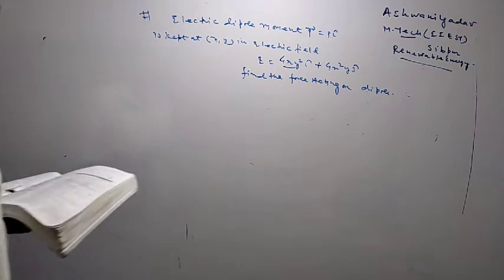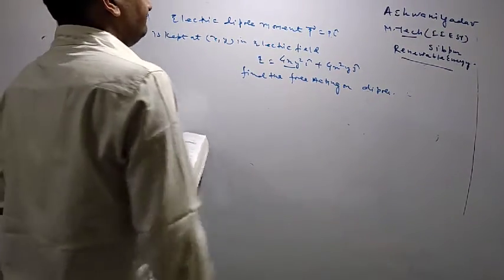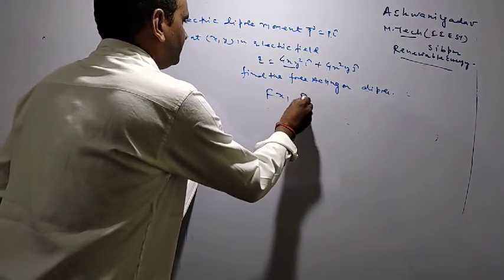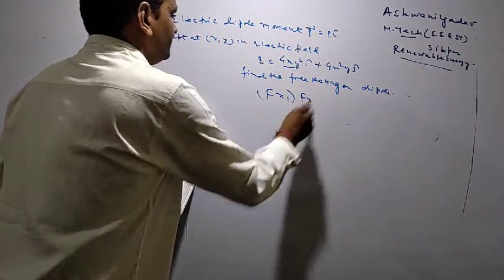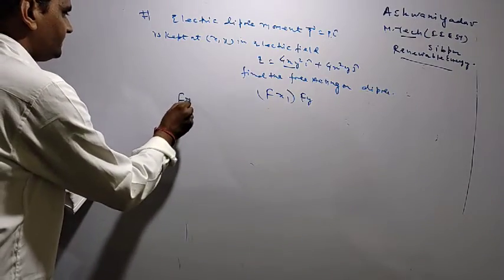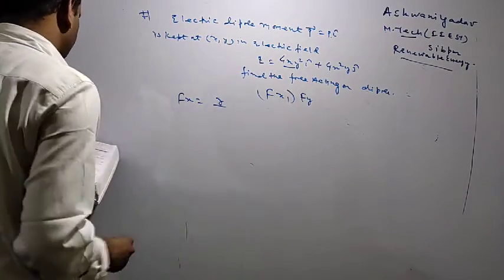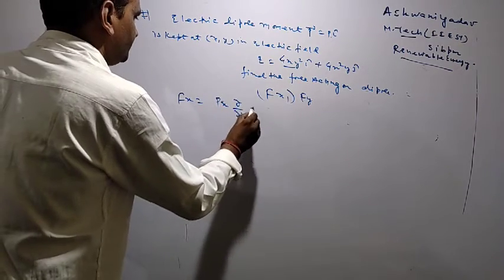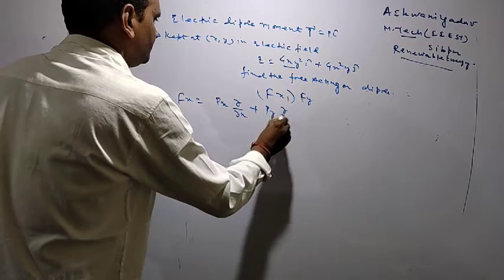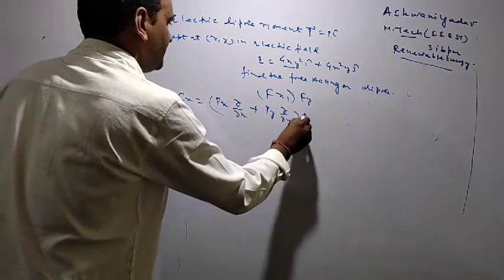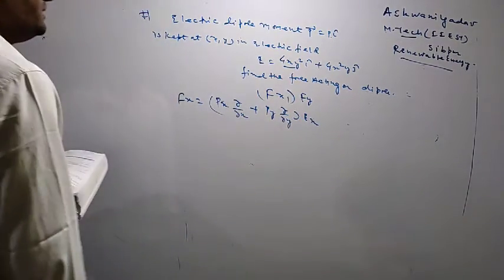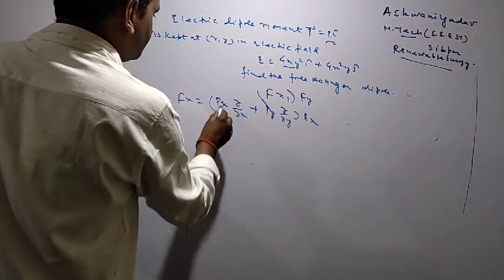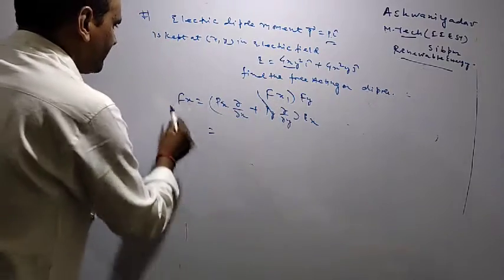Well, now E is a function of x and y, so we will definitely find the force Fx and Fy. Now force Fx, we have the general formula (px del by del x plus py del by del y) into Ex. We don't have a y component, so this is going to vanish, but we can still solve this expression to find Fx.